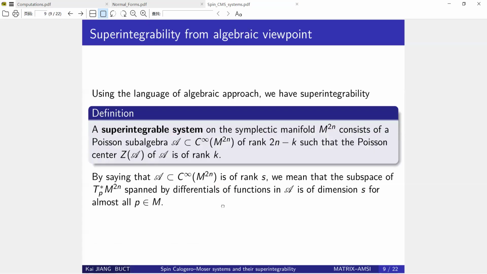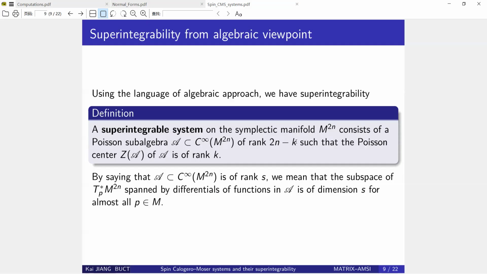From the definition, we can use the language of the algebraic approach. For example, what is a superintegrable system? We have a symplectic manifold M^2n. It consists of a Poisson algebra A of rank 2n minus k.